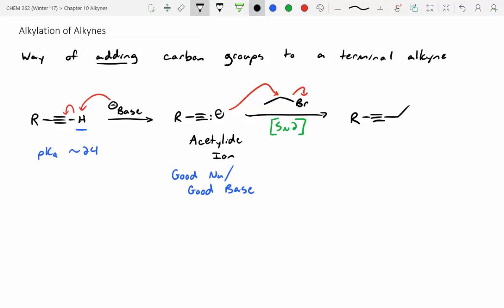Let's make a couple of notes regarding this reaction, because there's a few things that students often forget. One thing is an appropriate base. Can we use something like sodium hydroxide? No. Sodium hydroxide, its conjugate acid has a pKa of around 15. That's not good enough. You have to use a stronger base than that.